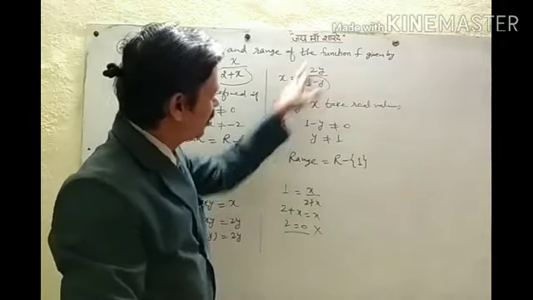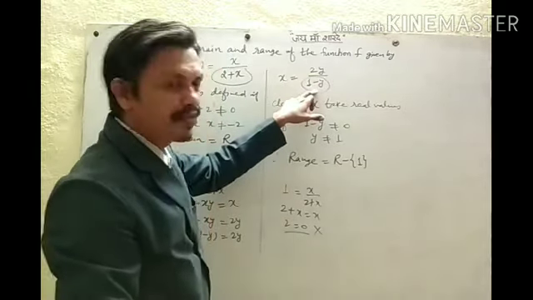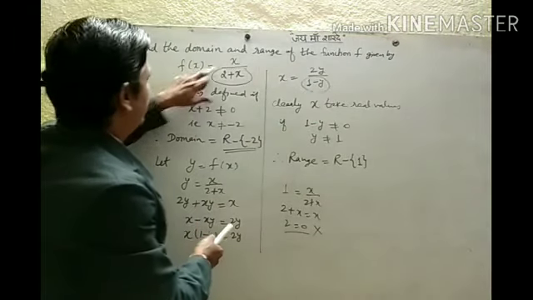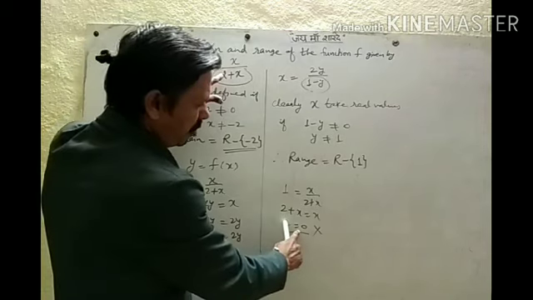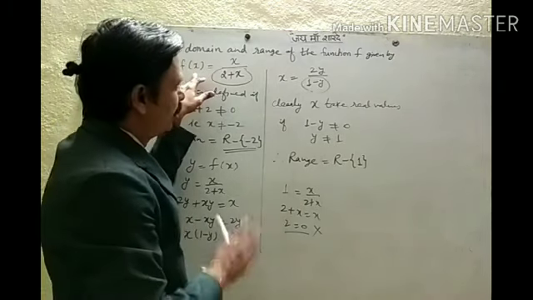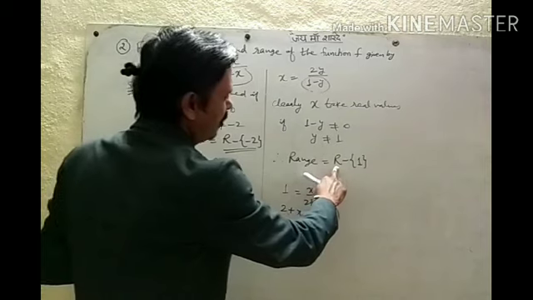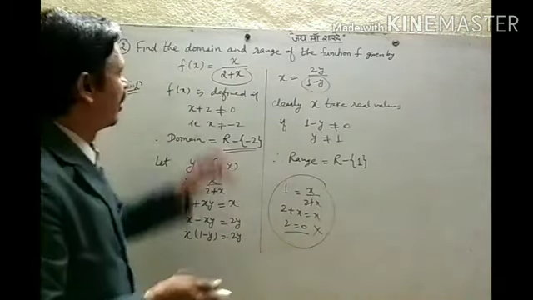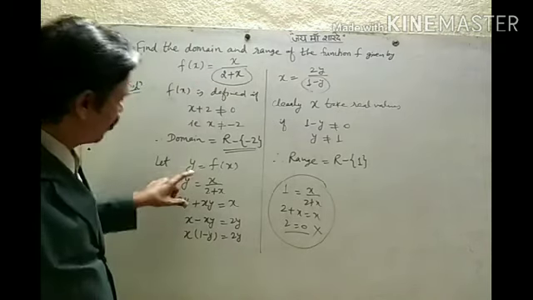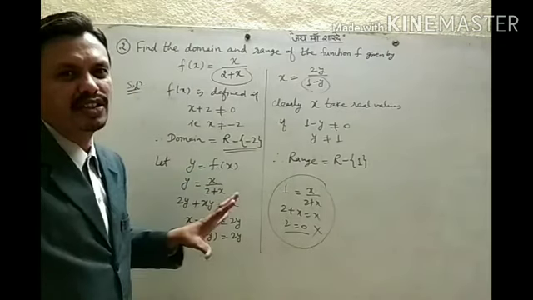Also check here: if you put y equal to 1 here, then we get 2 equal to 0. It's not possible. So the range of this function is the set of real numbers except 1. Okay? So if any function is like this, in this manner we can find the range of the function.